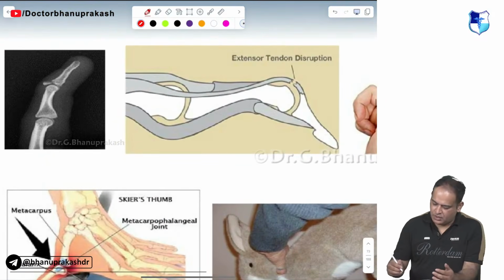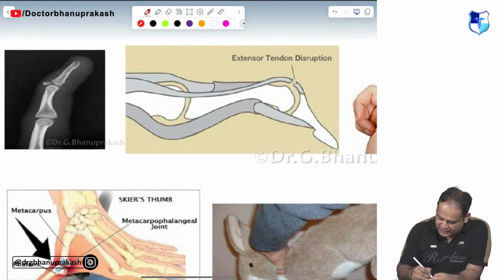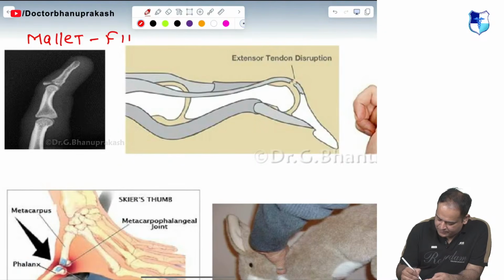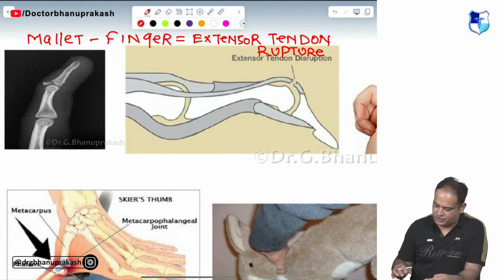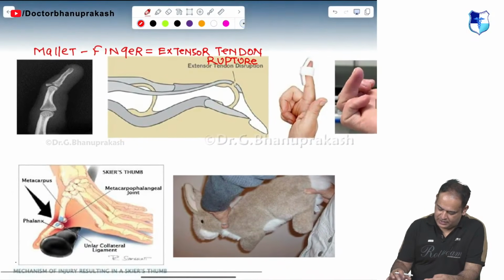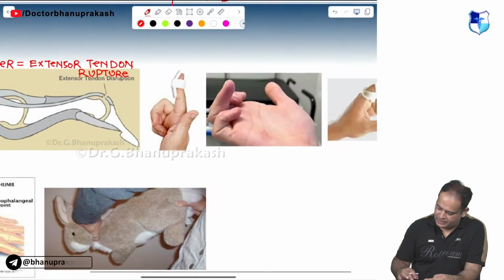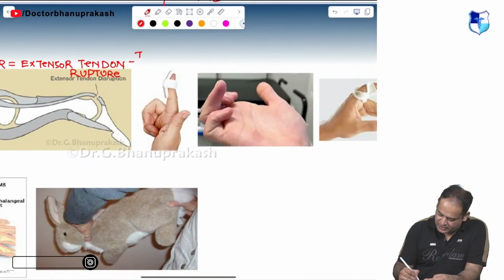Now here, if the extensor tendon ruptures, your patient will develop mallet finger. So mallet finger is extensor tendon rupture, right? Now, what is the treatment?